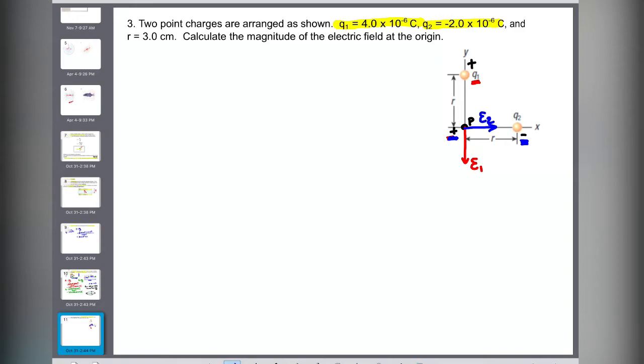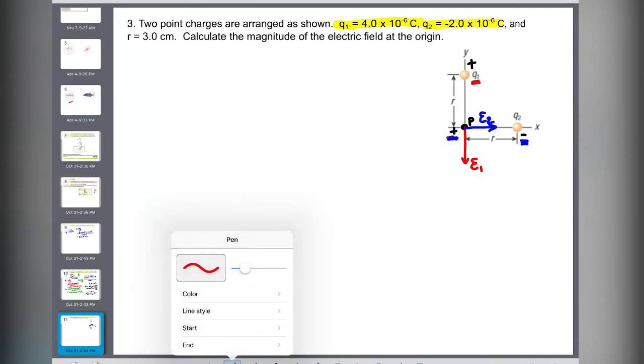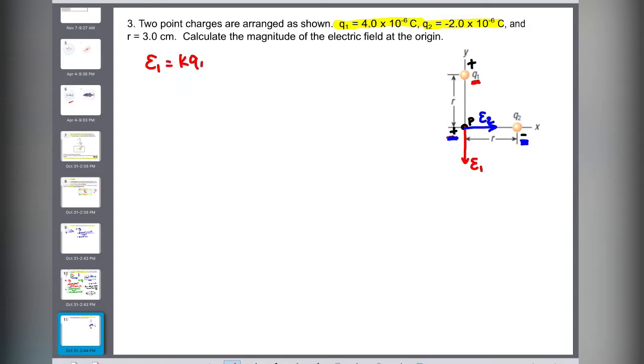Okay, so I'm going to do the calculation for epsilon 1 and 2. And then I have to find the net field by adding the red and the blue vectors together, just like lesson 1 and lesson 2, just adding vectors. So let's do the first one. Epsilon 1 is K, use the charge for Q1, and the distance between them squared.